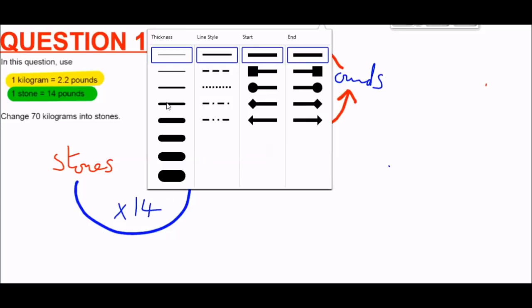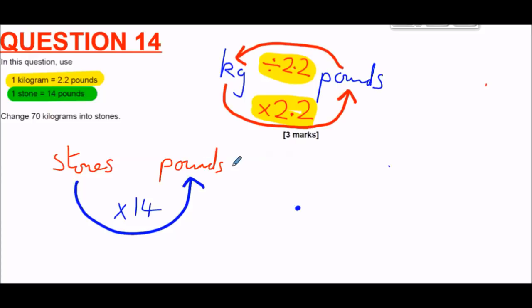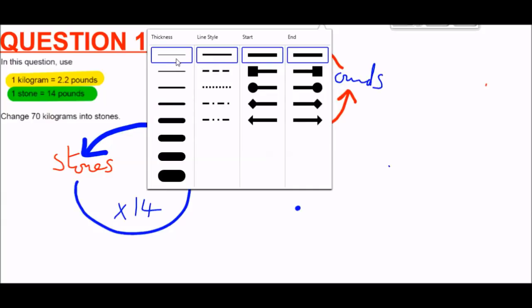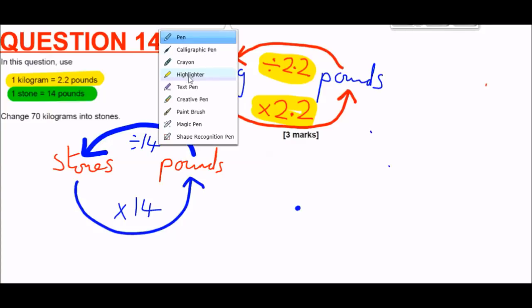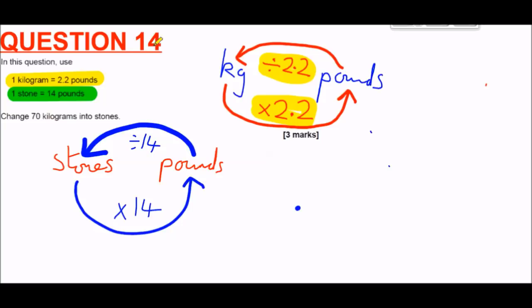And going the other way around, from pounds back to stones, it'll be the opposite process, which will be to divide by 14. And we're told this conversion factor in the question. 1 stone is 14 pounds. So that's where the numbers come from.